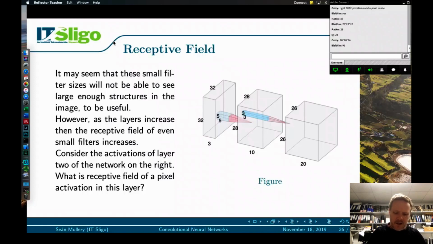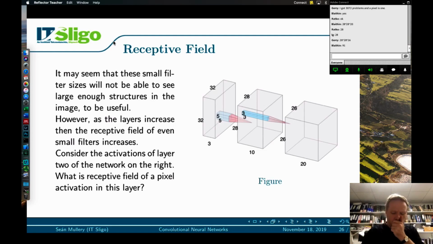Now, there's this idea of a receptive field. If we have a 3x3 filter, we have a field over which we receive information of 3x3 pixels. If it's a 5x5, then 5x5 pixels is the receptive field that we receive things from.